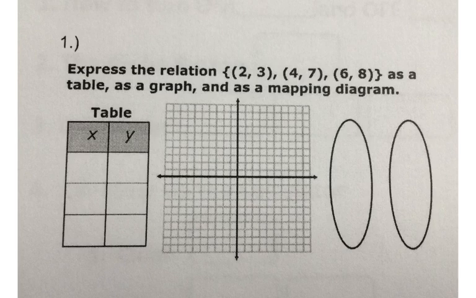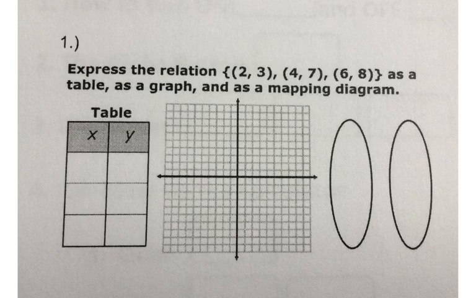All right, so it's given me a relation. Remember I said a function is a special relation? All a relation is, is a collection of ordered pairs. So this would be a relation because it has 3 ordered pairs. We're going to write this relation as a table, put it on a graph, and map it in a diagram.